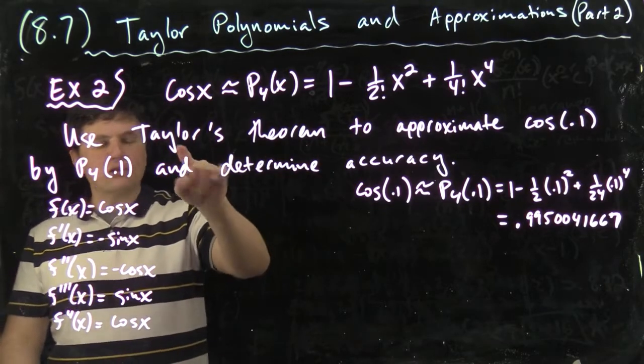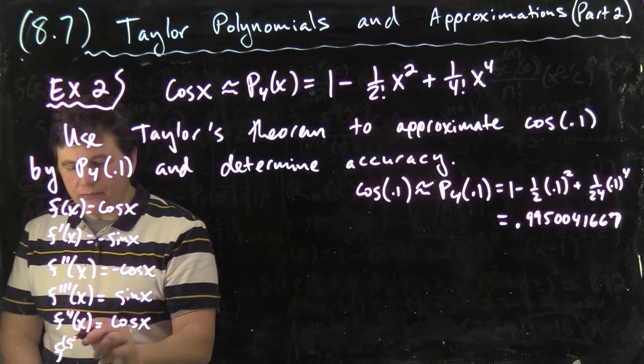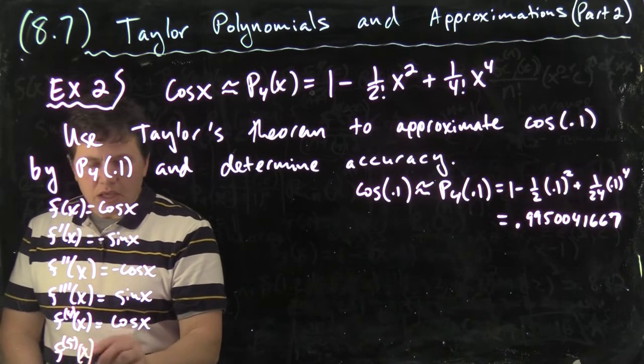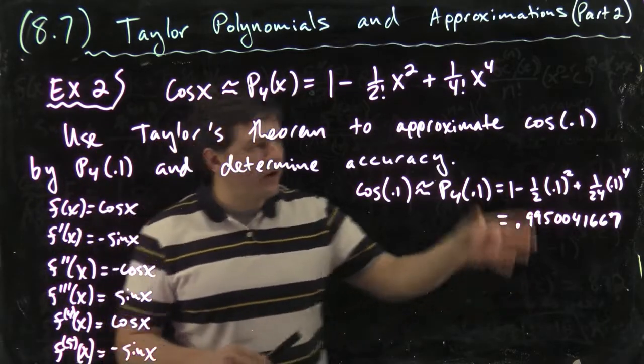Now, because we're doing Taylor's theorem, you always have to go to the next derivative. So let's go ahead and find that. Our fifth derivative is going to equal negative sine x. So here's our approximation.